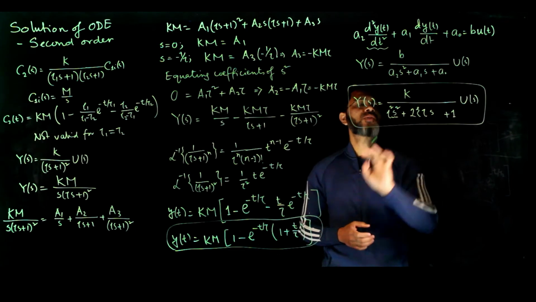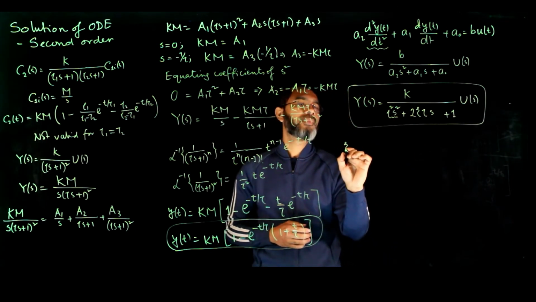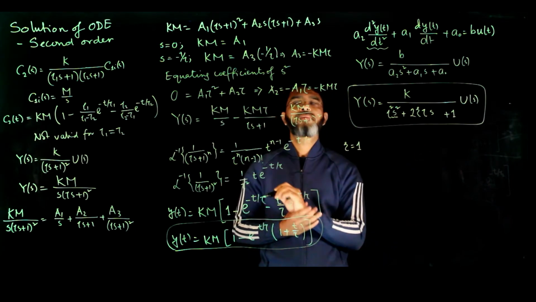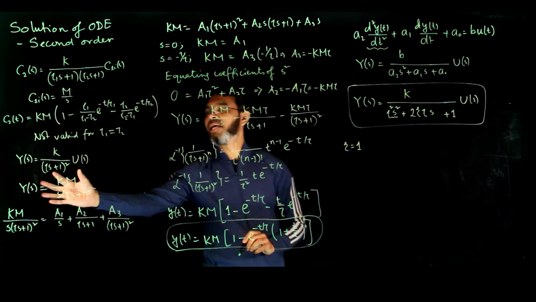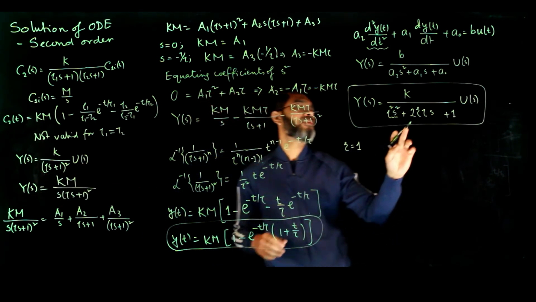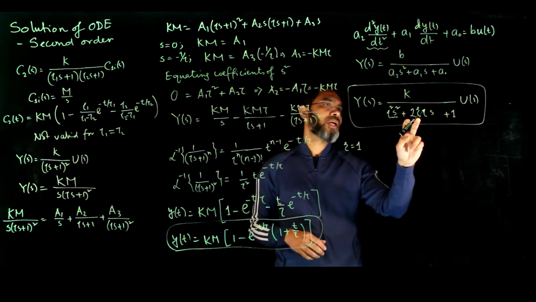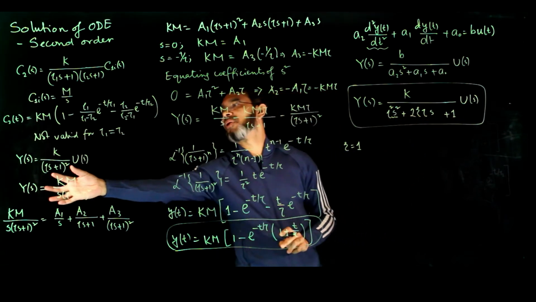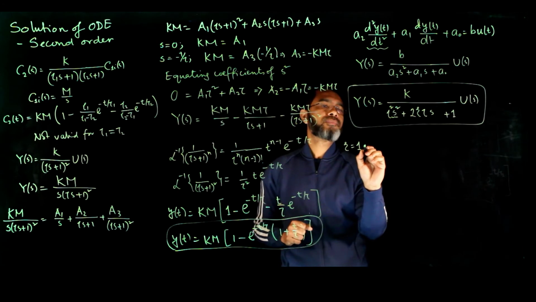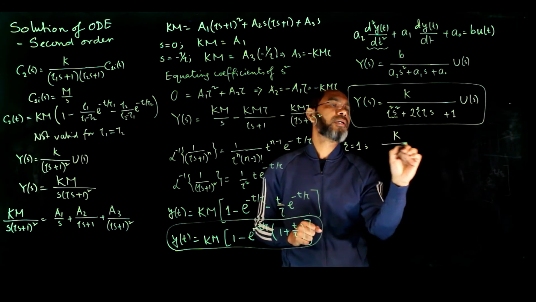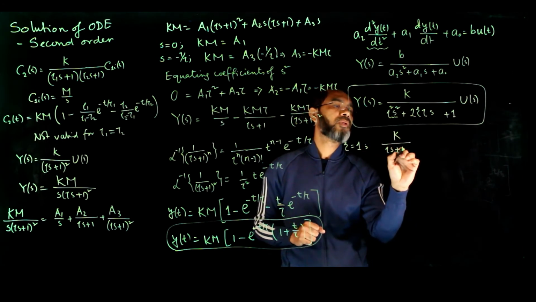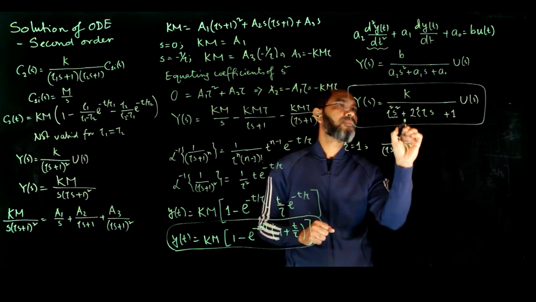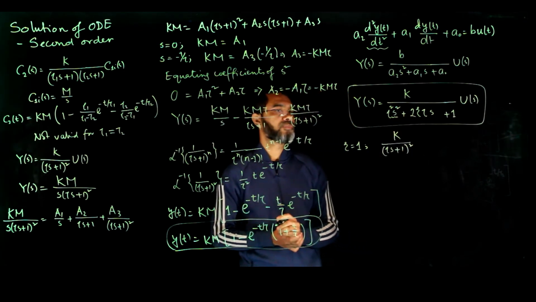If xi equals 1, tau squared s squared plus 2 tau s plus 1 becomes tau s plus 1 whole squared. So you get K over tau s plus 1 whole squared.